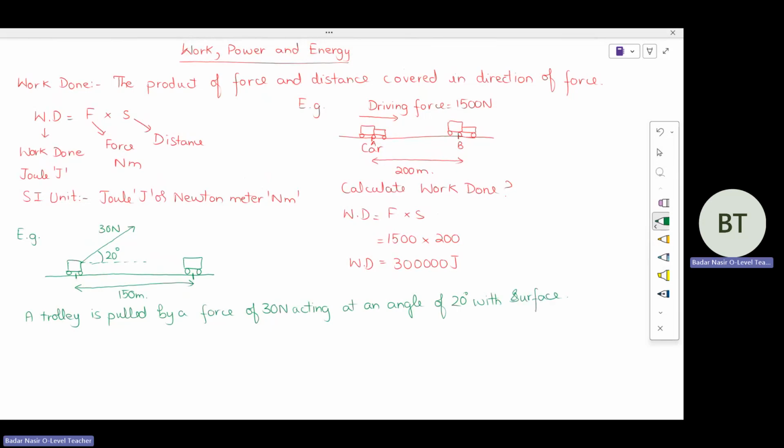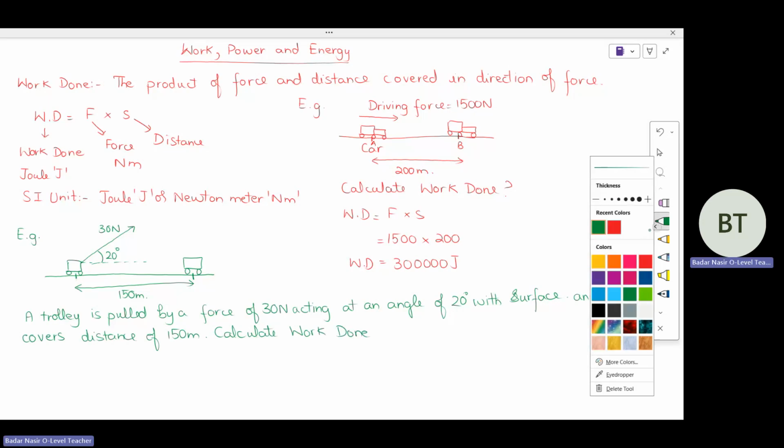So acting at an angle of 20 degrees from the surface, and it covers a displacement, a distance of 150 meters. So we have to calculate its work done.